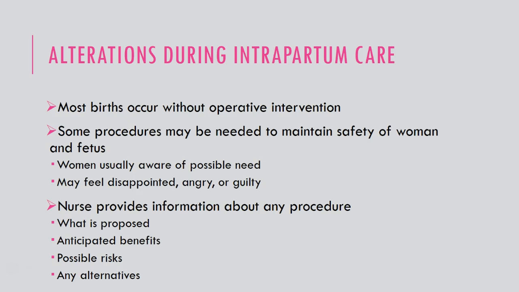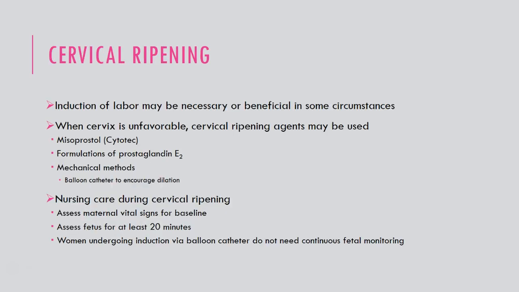What is the proposal? What are the benefits of using the procedure? What are the risks of it? And are there any alternatives that can be used? This is a conversation that would be had with the patient and the physician or whoever was providing care. And we're going to talk about a few of these.